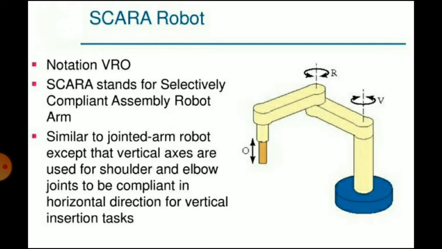SCARA stands for Selectively Compliant Assembly Robot Arm, that is the long form of SCARA. It is similar to the jointed arm robot except that vertical axes are used for shoulder and elbow joints to be compliant in the horizontal direction for vertical insertion tasks.